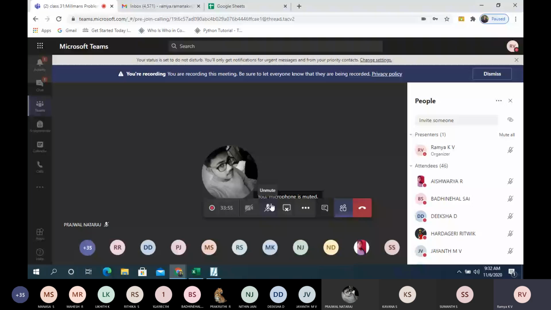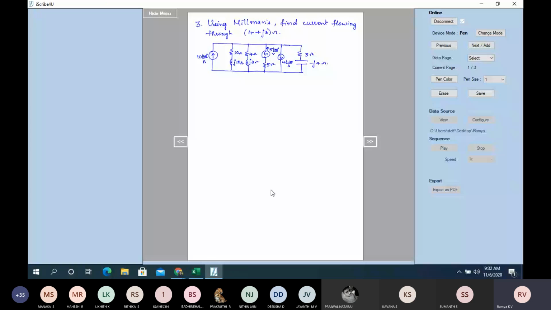I'm reading out the values because I've written very small. First branch is 10 at an angle 30 amps.